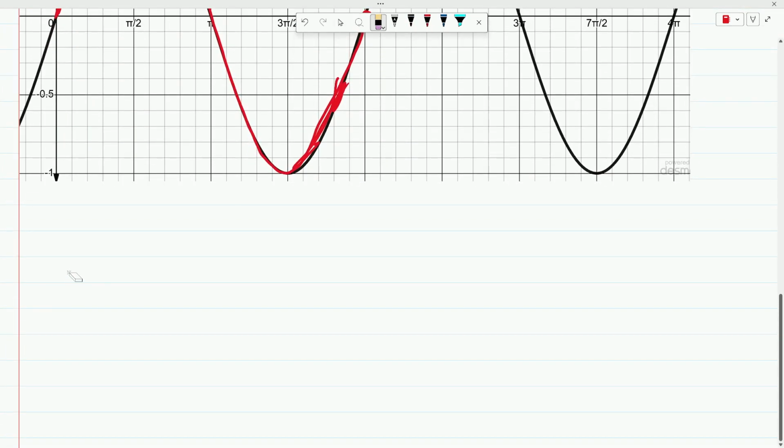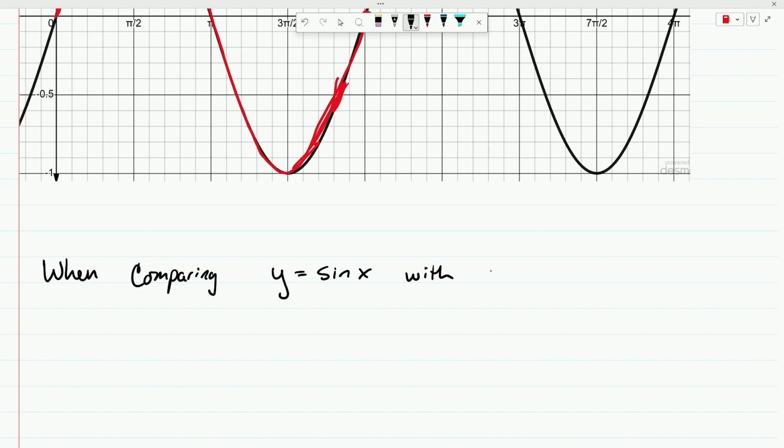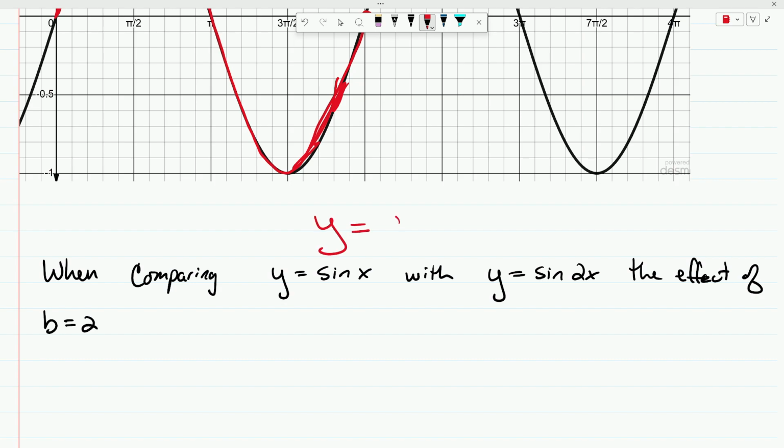All right? So what we can say, going back here, is when comparing y equals sine of x with y equals sine of 2x, the effect of b equals 2, because remember, in general, this is what we're looking at.